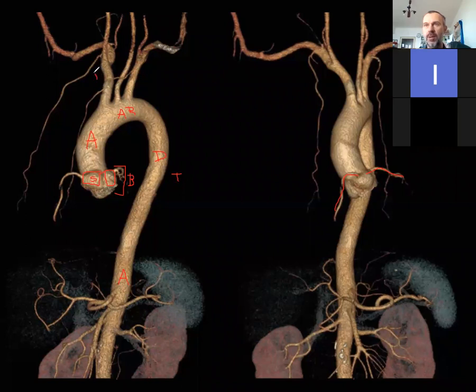So brachiocephalic trunk, truncus brachiocephalicus, which then divides into subclavian artery, and this is the right one, and common carotid, and the right one.